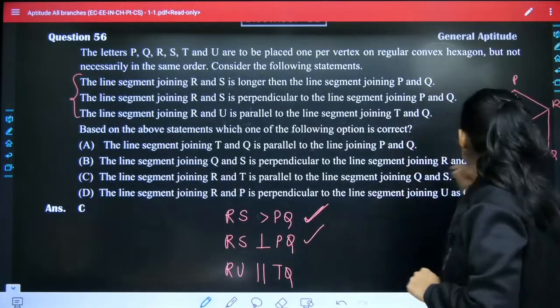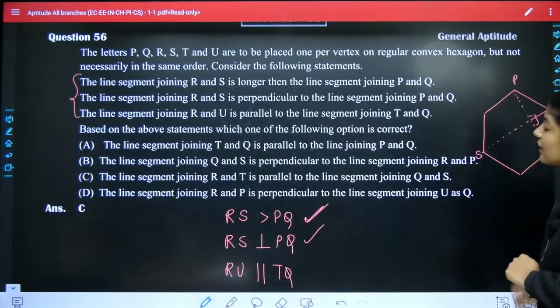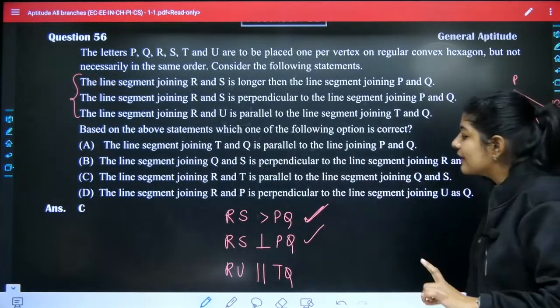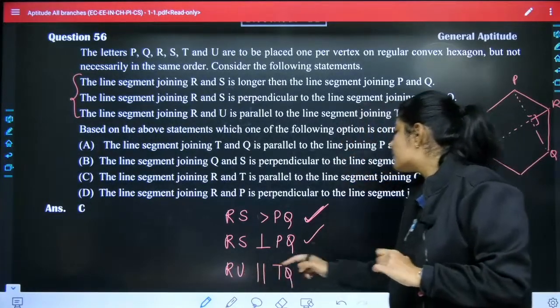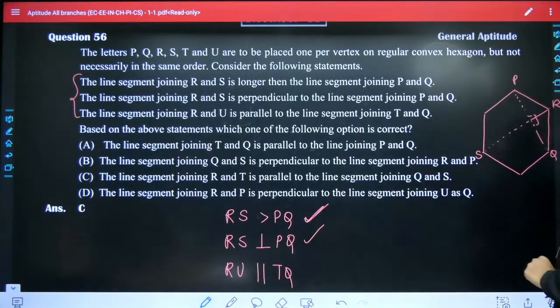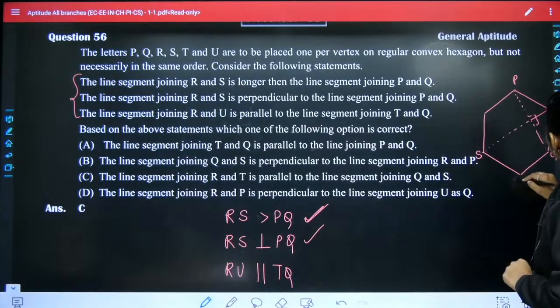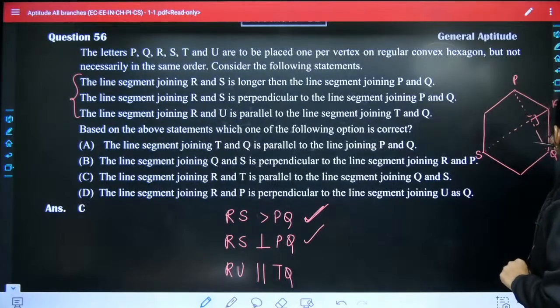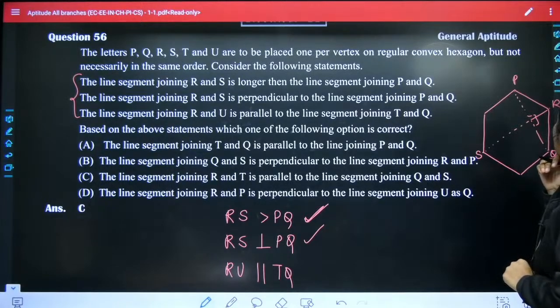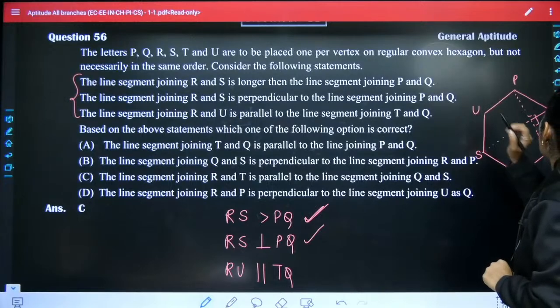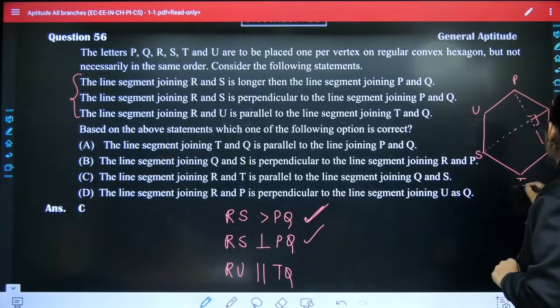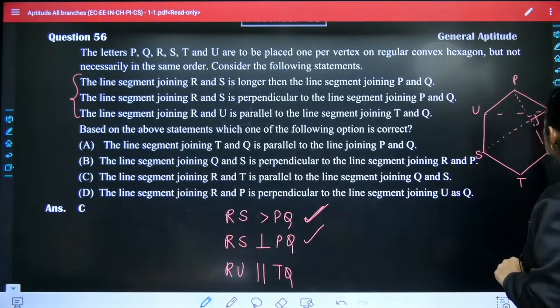This condition is also satisfied. Now the third condition is RU is parallel to TQ. If we draw R over here and T here, this condition is satisfied.